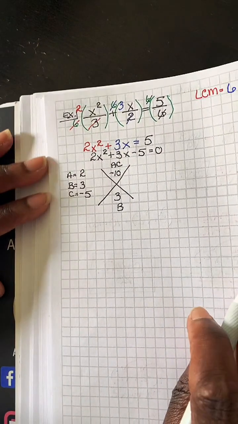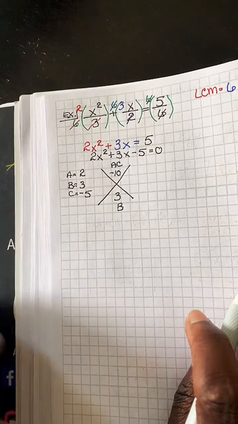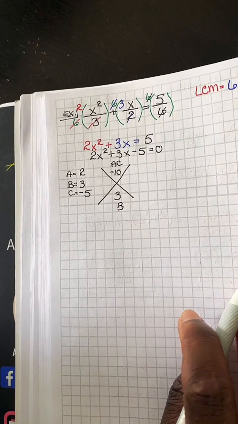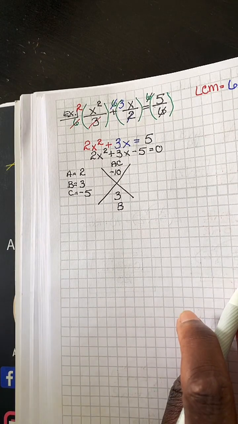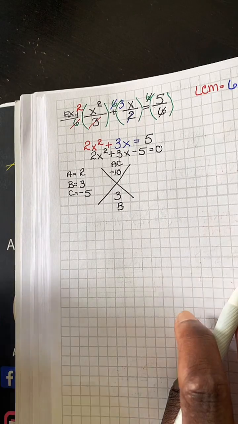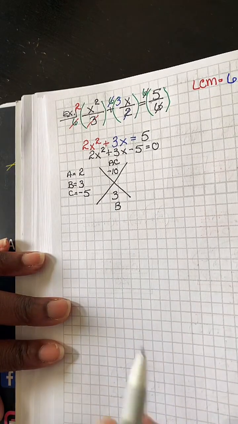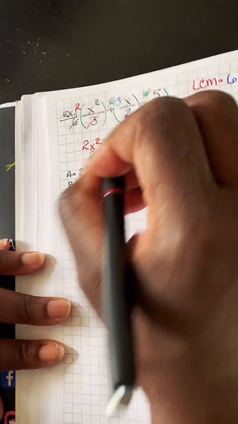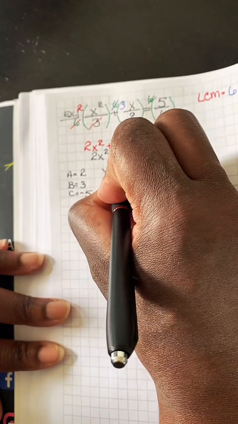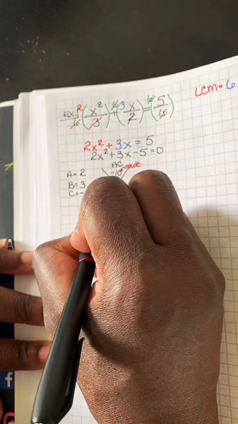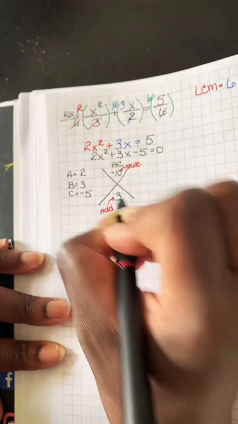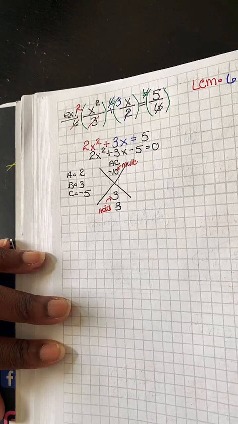What we have to do, which is the hardest part with factoring, is this: if you're not strong with your multiplication table, factoring is going to be hard. Multiplication is just fast addition. So we have to think, what two numbers multiplied will give me a negative 10, and the same two numbers add together to give me 3?